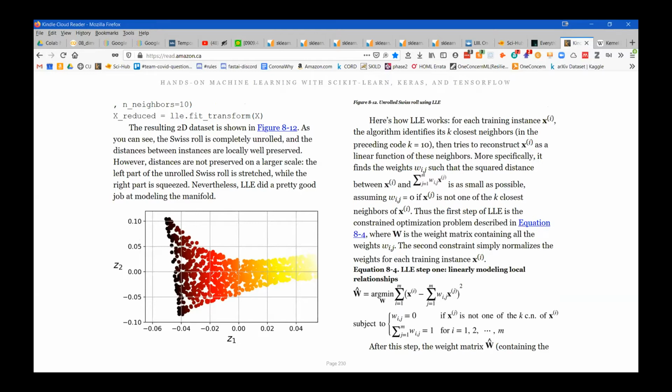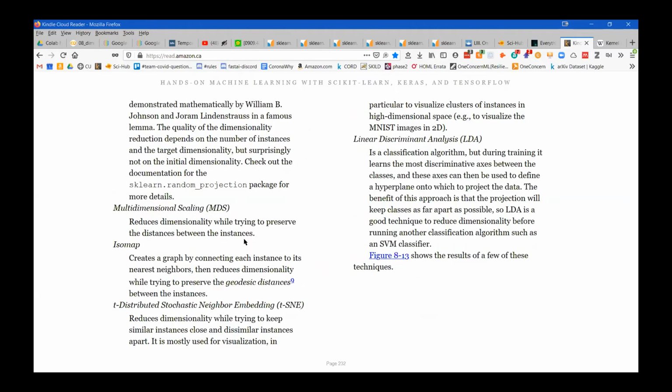The points with the values of that t parameter, which are encoded in the color, are all preserved. They're near each other. The yellow points are near the yellow points, and the red points are near the red points, and the black points are near the black points, etc. So that's local linear embedding.